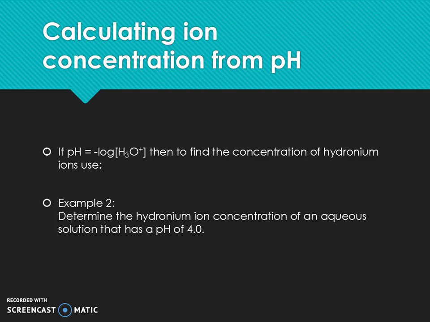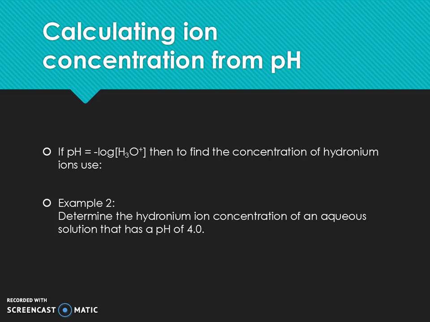All right, so calculating the ion concentration from pH. We can use the pH to help us find the hydrogen ion concentration. If pH is equal to negative log of hydronium ion or hydrogen ion, to find the concentration of the hydrogen ion or hydronium ion, we would have to take the anti-log of the pH, because pH is the negative log.